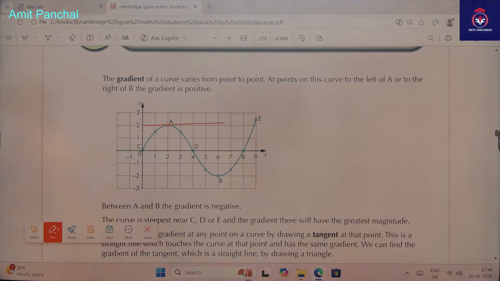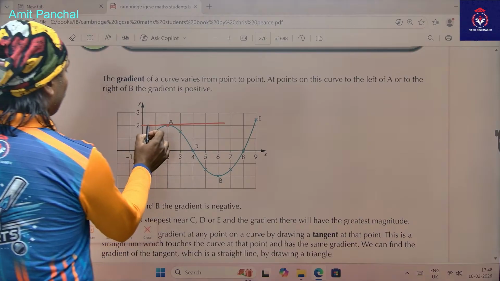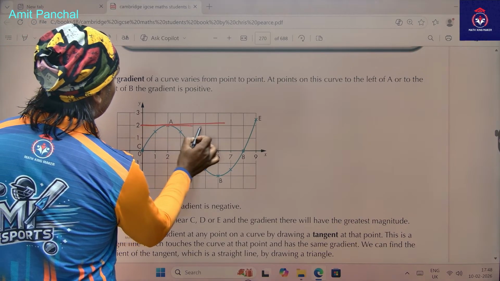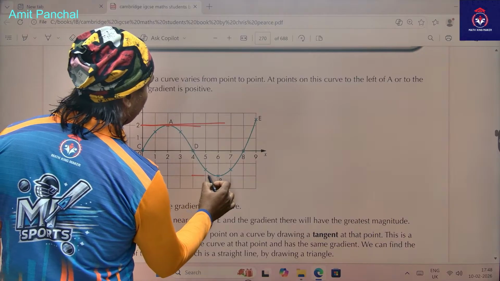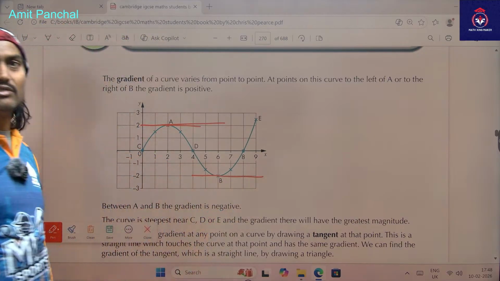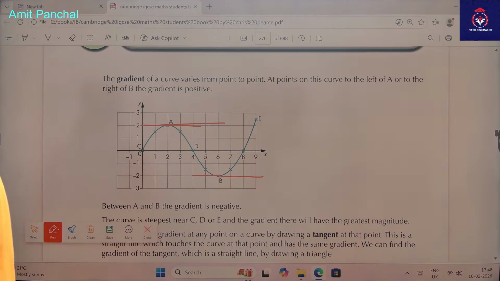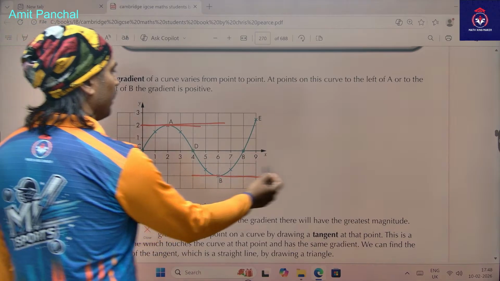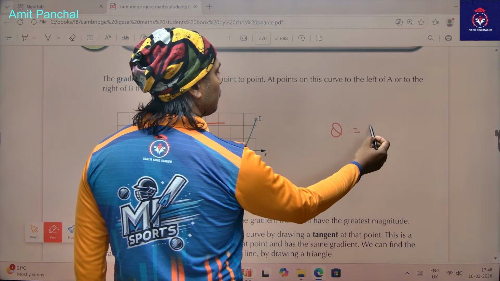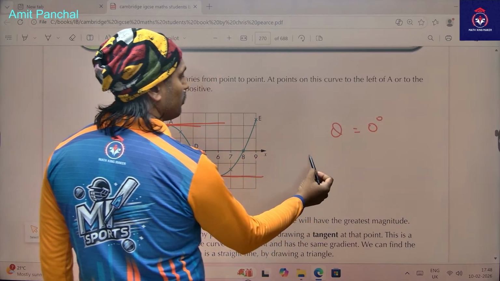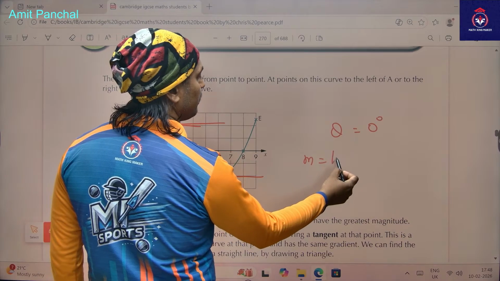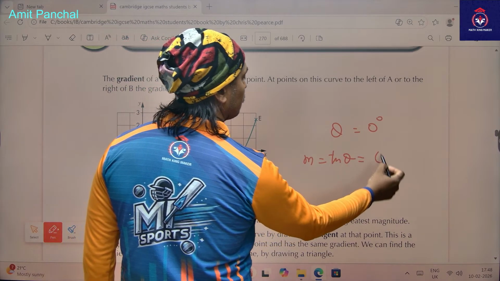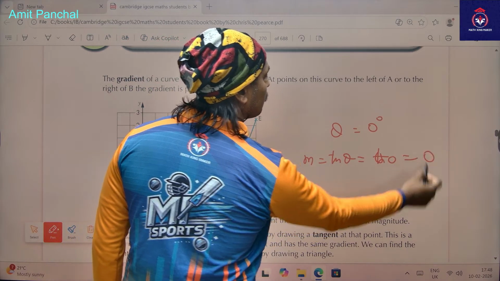You can see at the top or at the bottom, its gradient is always 0, isn't it? How is it 0? Because it's a straight line parallel to the x-axis. What is its theta? Theta is 0 and the gradient is tan theta. So it is tan 0, which is 0.